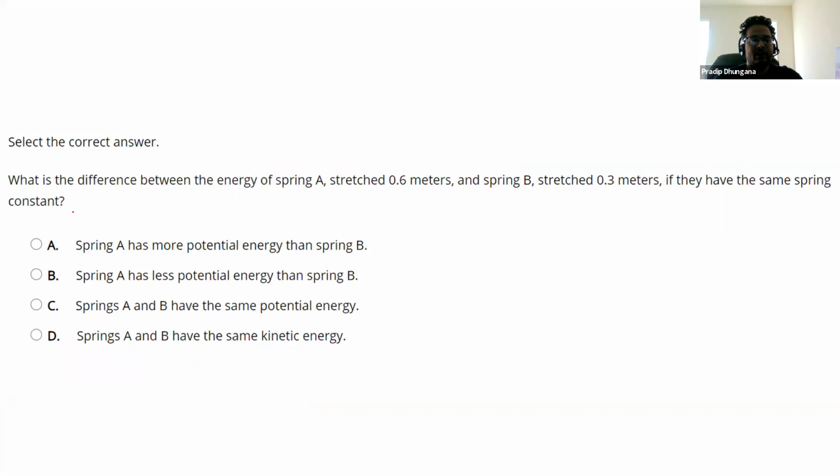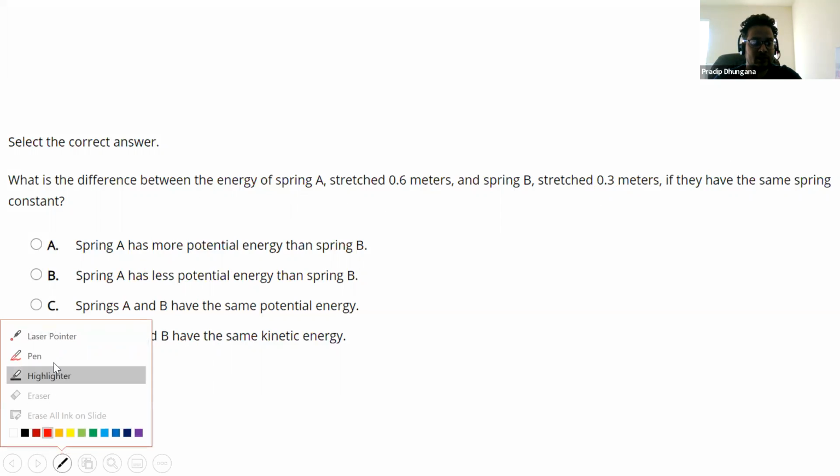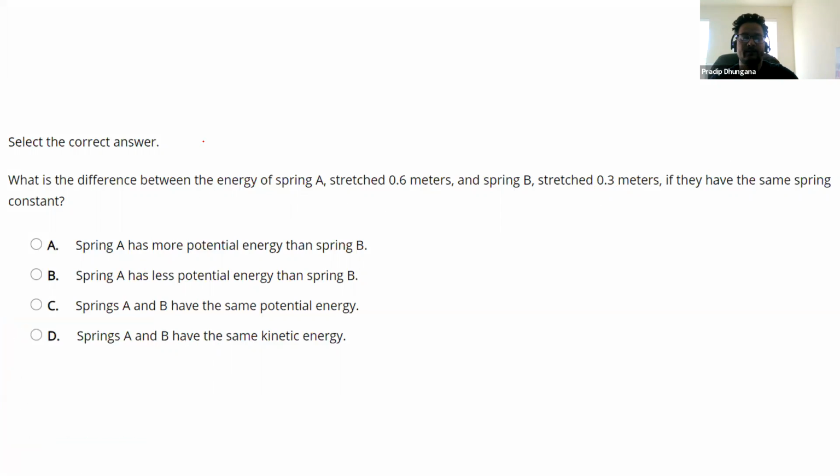The question is, what is the difference between the energy of spring A stretched 0.6 meter and spring B stretched 0.3 meters if they have the same spring constant? We have to compare in terms of potential energy, and there is kinetic energy as well. But if we have displacement and spring constant, then we'll use potential energy.